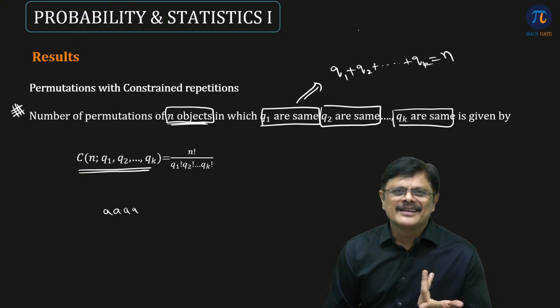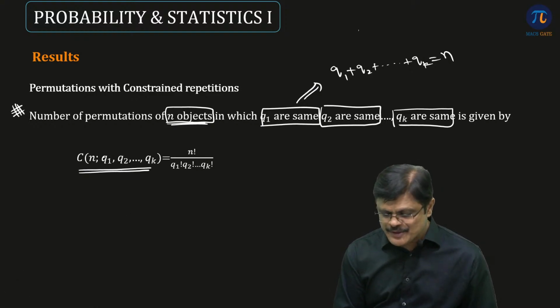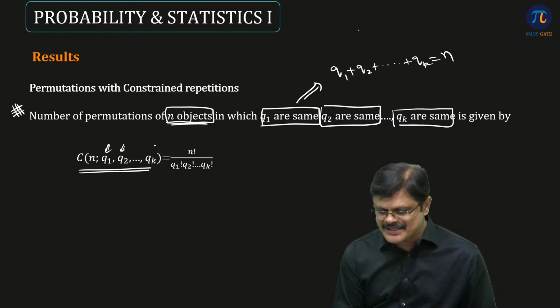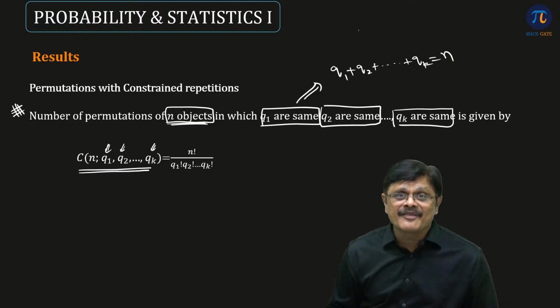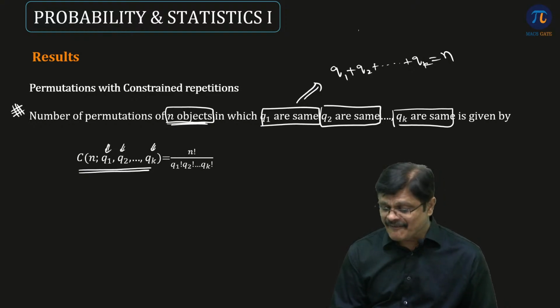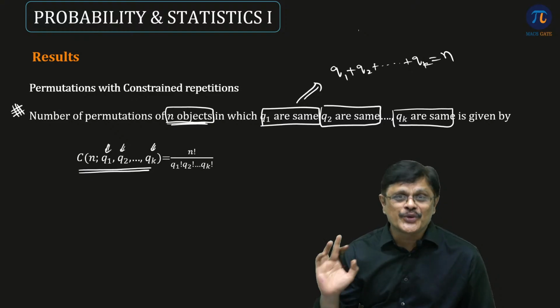Only 1 way. So it can also be seen as a combination problem. What is the answer for this, my dear friend? That is given by the following formula: n factorial by q1 factorial into q2 factorial and so on, qk factorial.